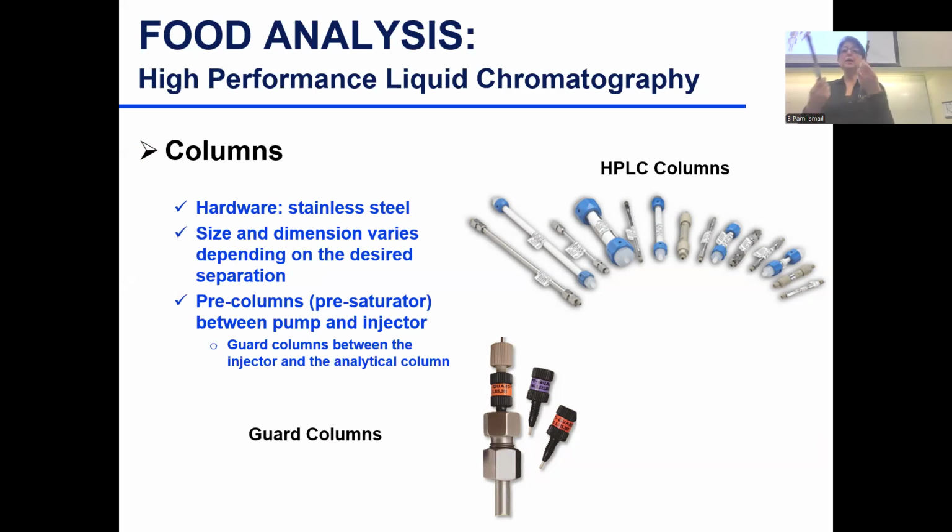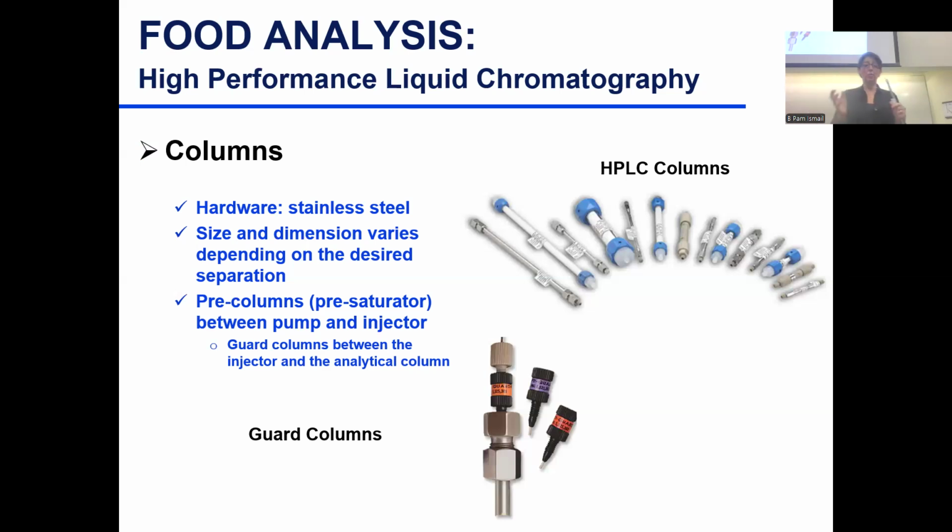However, sometimes you want to use a bigger column to have better capacity. So it depends on the purpose of your experiment. If you really want to collect a fraction and do further analysis, you want to inject 200 microliters instead of 10 or 20 microliters, so you get a thicker column. You lose a little bit on resolution, but you gain on capacity.